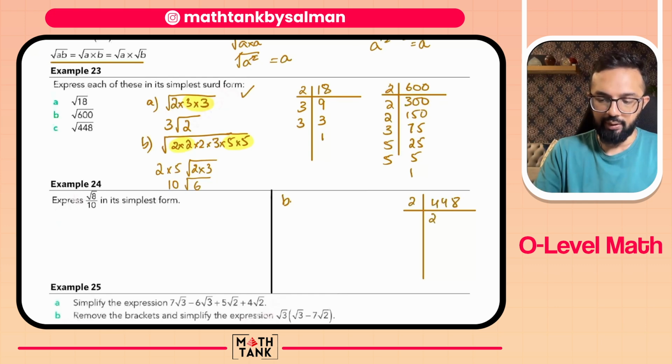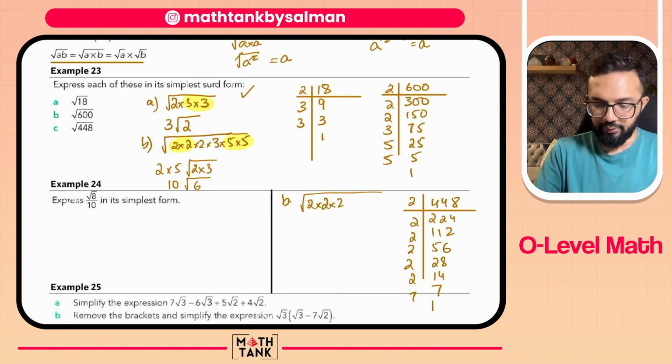2 times 224, 2 times 112, 2 times 56, 2 times 28, 2 times 14, 2 times 7, 7 times 1. The root of 448 can be written as six 2's and a 7.